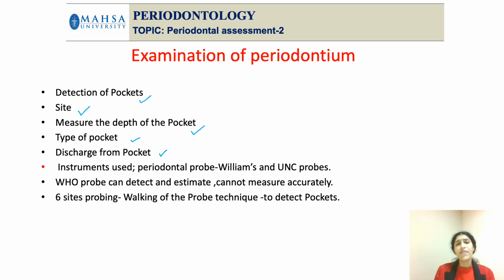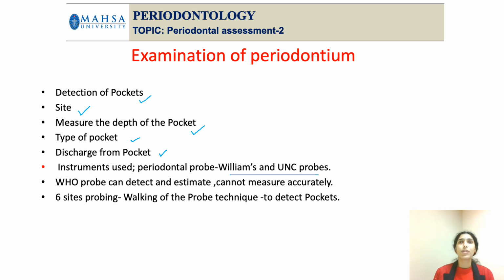And usually the instruments that are used in order to check the pocket depth are periodontal probes like the Williams probe and UNC probe. The WHO probe is used to detect the presence of pocket, but you cannot measure the depth of the pocket, as I have told before. So preferably you use a Williams probe or UNC probe whenever you want to measure the pocket, whenever you are doing a periodontal charting.